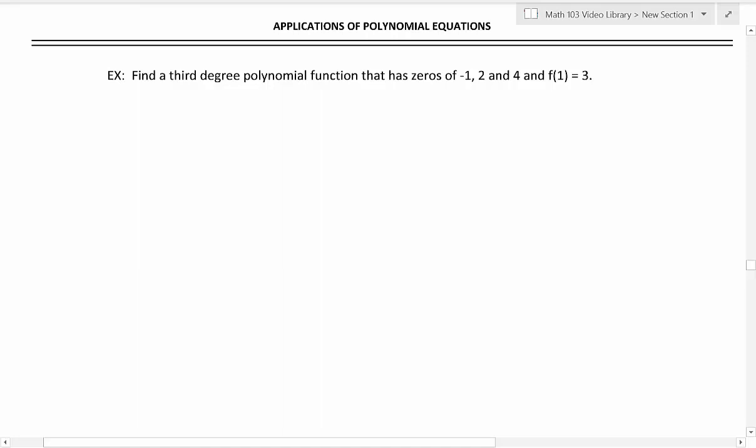One more application problem. We've actually done ones like this in previous sections. We want to find a third degree polynomial function that has zeros of negative 1, 2, and 4, and f of 1 equals 3. We saw problems like this when we were discussing graphing polynomial functions. Now recall that the zeros give us factors.